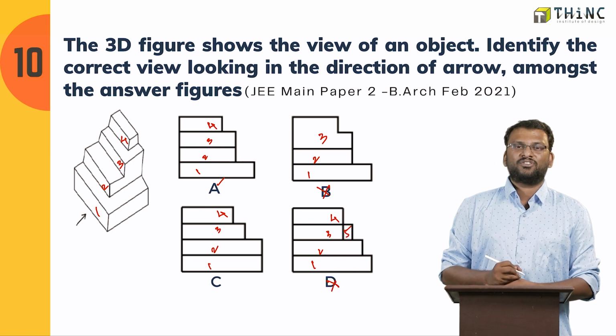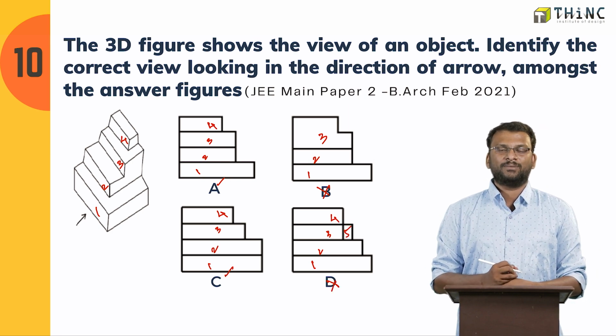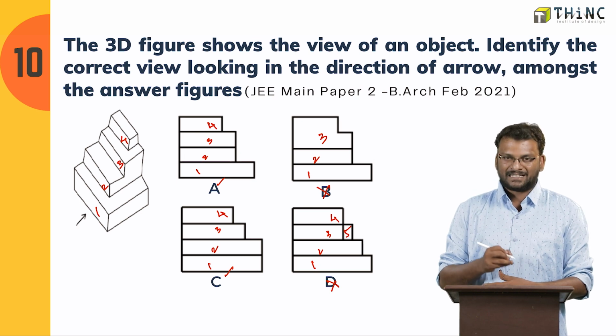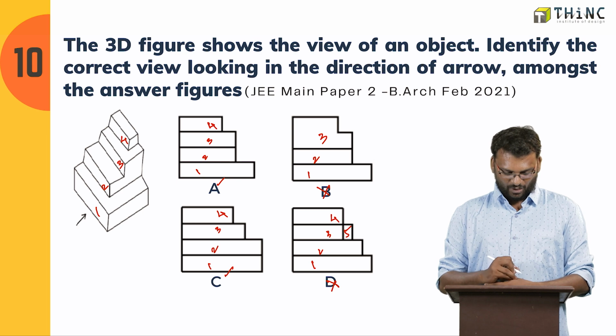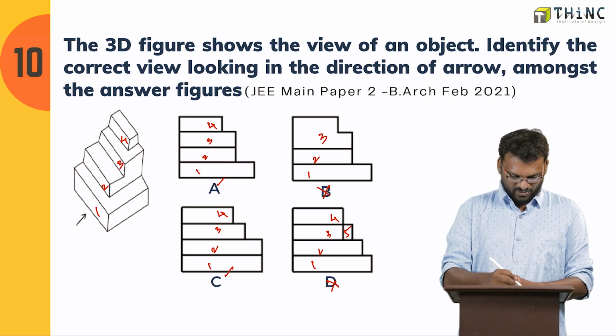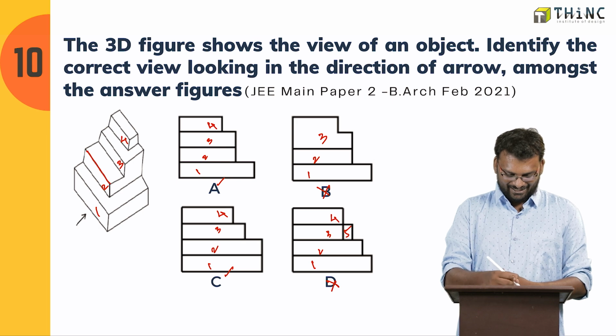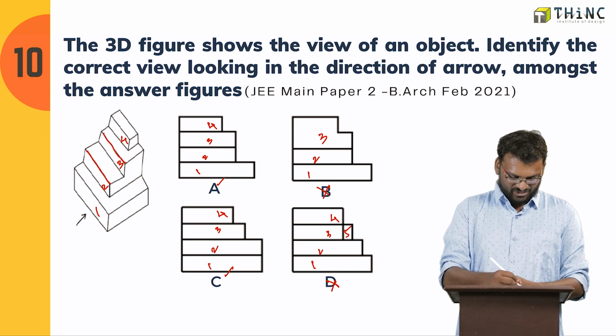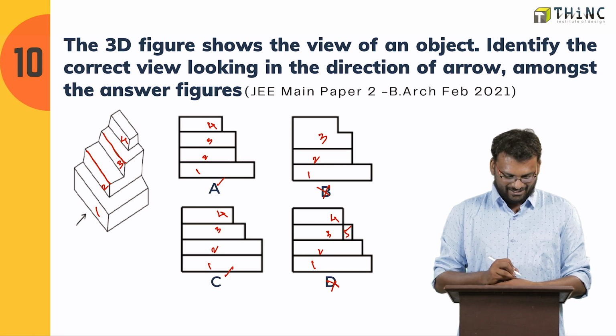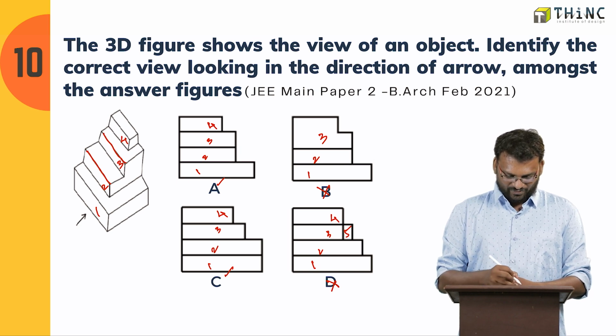So 50% of the options we have eliminated through the counting method. Now we have option A and option C. So let's check here. This step has a length up to here. Step 3 as well as 2 have similar length. When you observe here, the first one is okay.